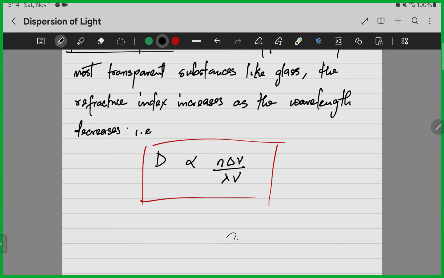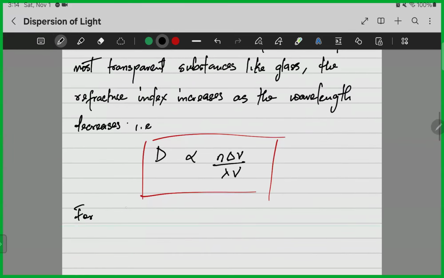So another concept is for anomalous dispersion.